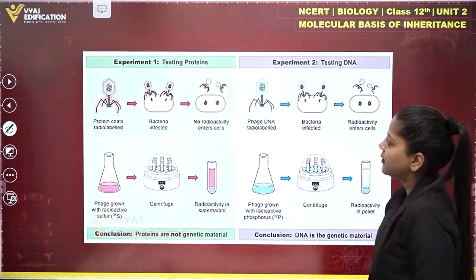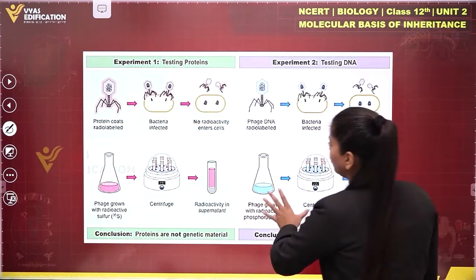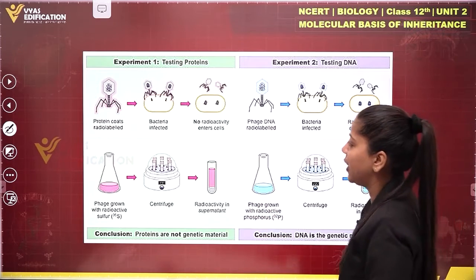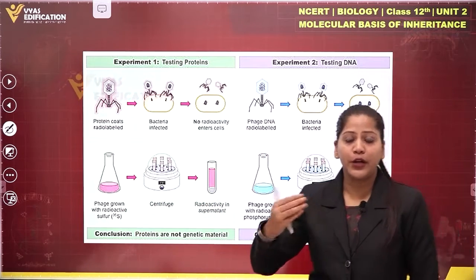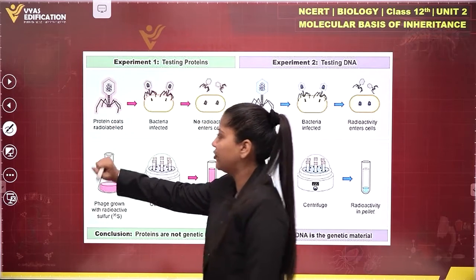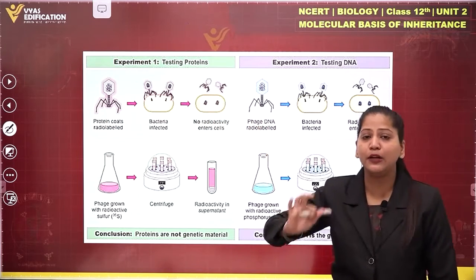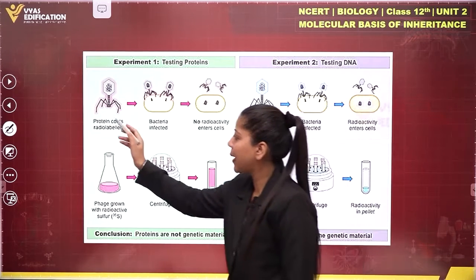And on the screen you can see a diagram. This is experiment 1, this is experiment 2. In experiment 1, we are testing the proteins with the help of radioactive sulfur. Now see, this is a bacteriophage, a virus which is able to infect any bacteria.